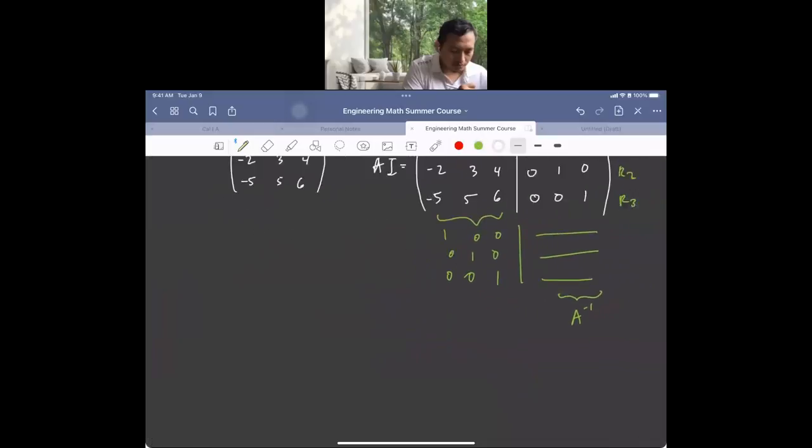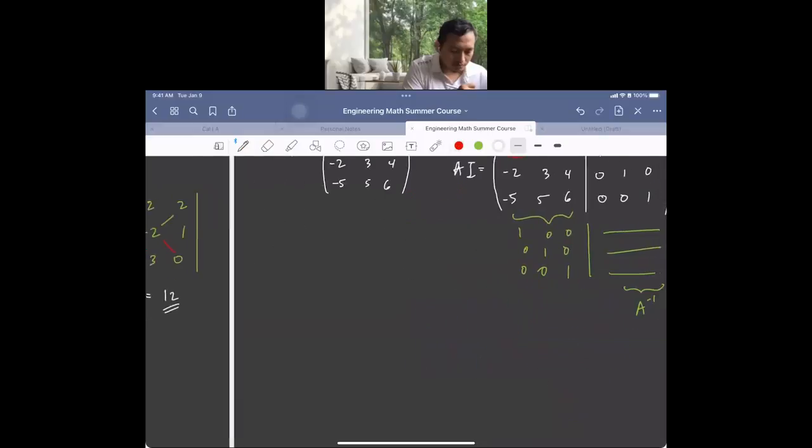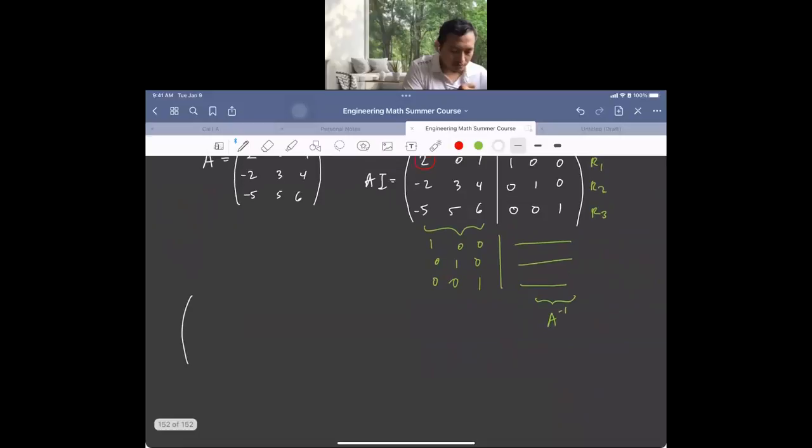So if we want to try this, we could try first. If you see this, the first idea, maybe taking these 2 and then dividing all of row 1 by 2. Okay, let's just divide that. So we can write this becoming 1, 0, half, and then half, 0, 0.